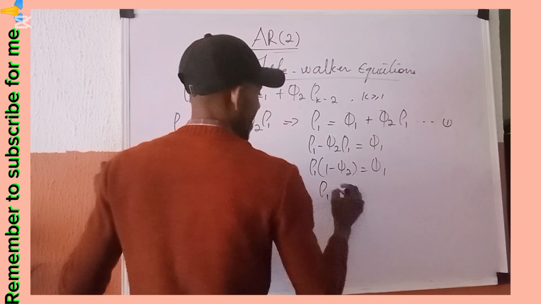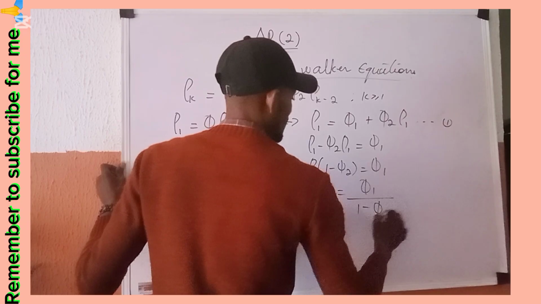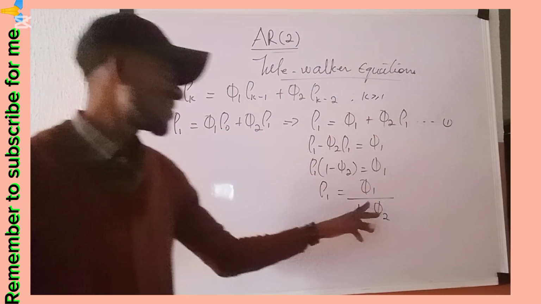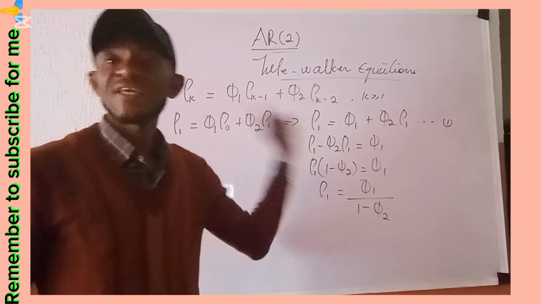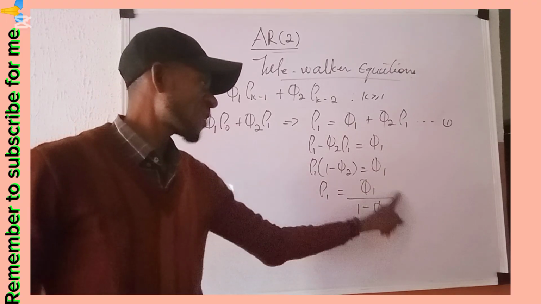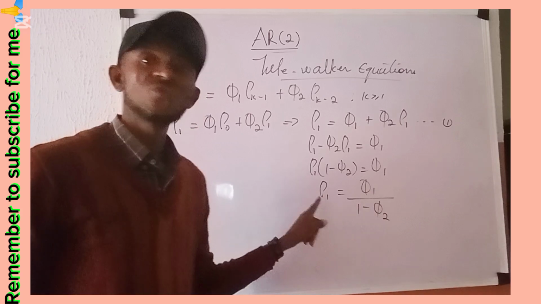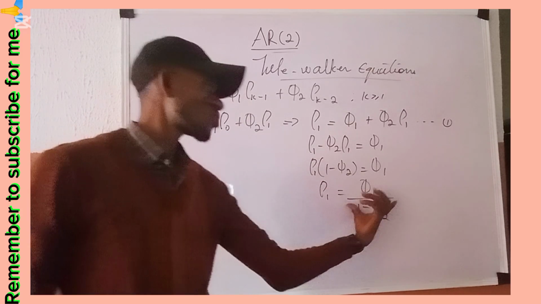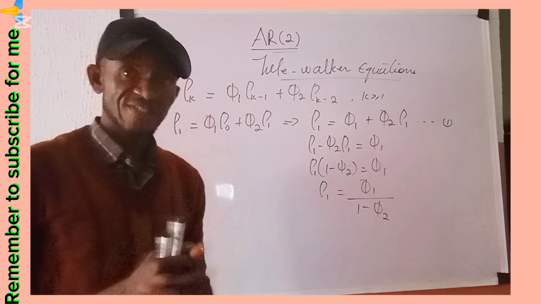So rho 1 is given as phi 1 over 1 minus phi 2. This is also one of the reasons why we have variation in the formula for the variance of AR of order 2 models, because the formula we gave for the variance contained rho 1. One can go there and substitute this in place of rho 1, and you have another variation of that.